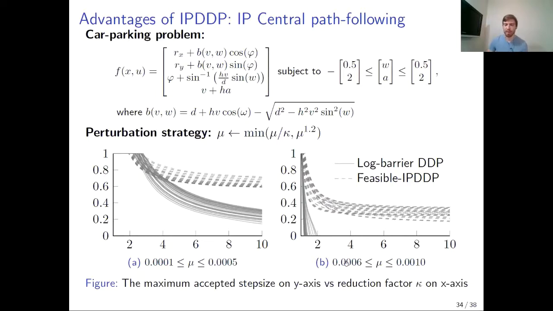And in the second scenario, it almost stalls. So you cannot effectively trace the central path if you reduce the perturbation too much. By the way, in a practical implementation, we usually use k equals 5. So as you can see, it belongs somewhere here. So sometimes it can take steps, sometimes it cannot.